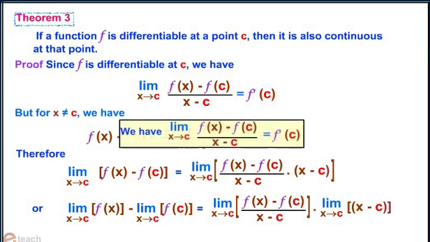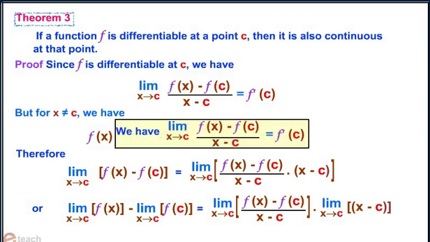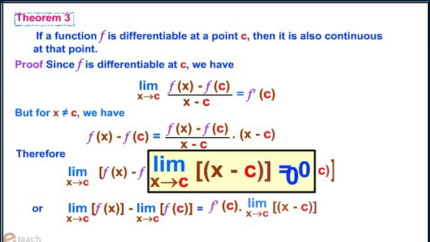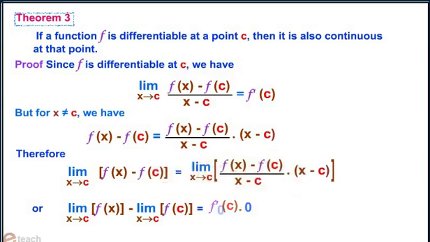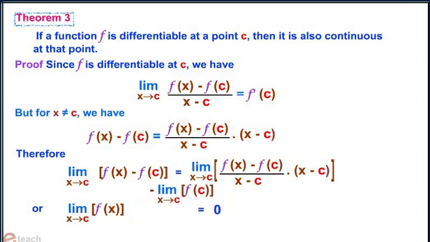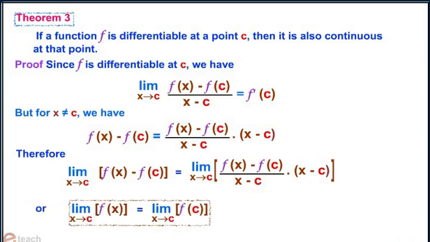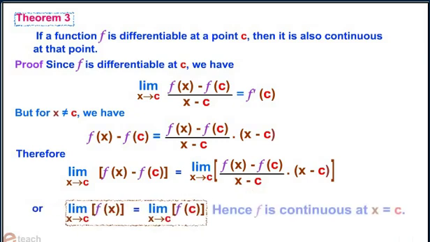We have limit x tending to c of (f(x) minus f(c)) divided by (x minus c) is equal to f dash c. Since limit x tending to c of (x minus c) is equal to 0, we have limit x tending to c of (f(x) minus f(c)) equal to 0, or limit x tending to c of f(x) is equal to limit x tending to c of f(c). Hence, f is continuous at x equal to c.